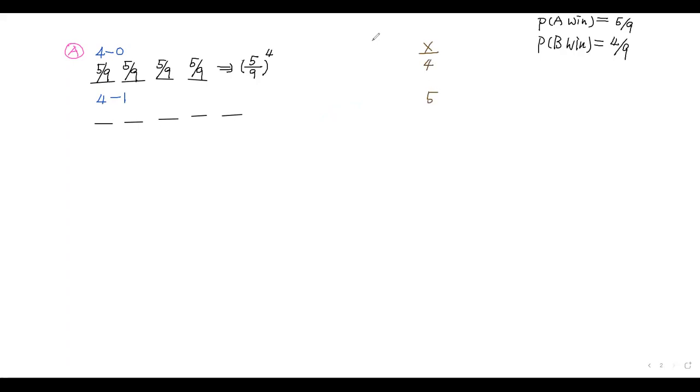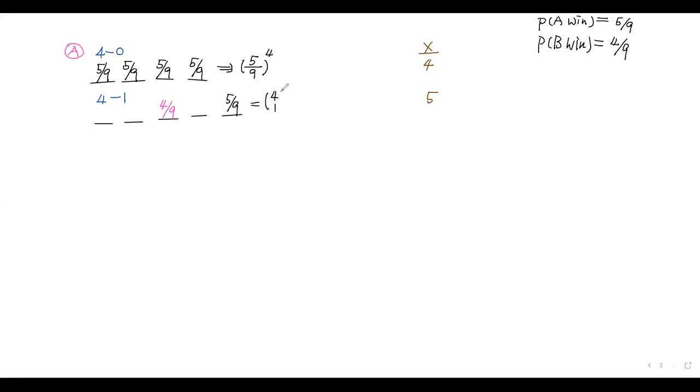Okay, so now let's take a look at 4-1. My last one has to be winning, so it's 5/9. Correct? That means one of these, as we talked before, has been losing. But right now, what is losing here is 4/9. So what is the probability here? The probability will be out of these 4 positions, just like we did before.